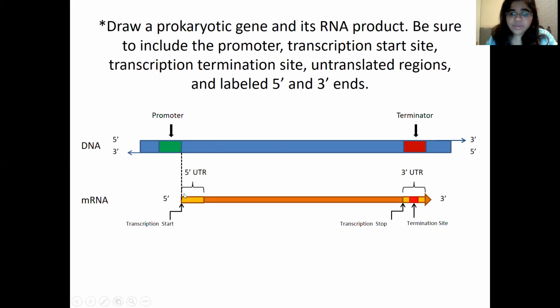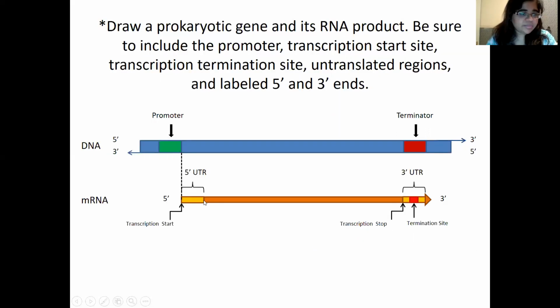So we have this area. Oh, wait, whoops. Okay, so this line is supposed to be here. This is supposed to be shifted a little this way, and this line where transcription starts is supposed to be here.